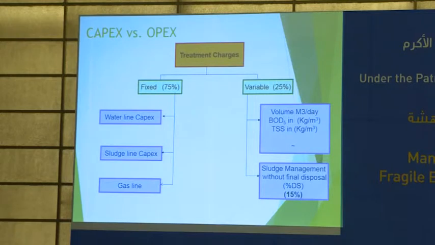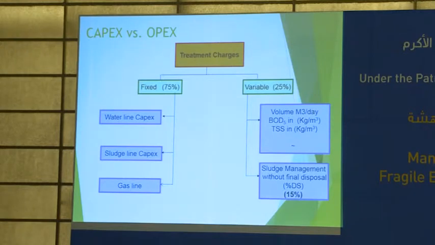Today, as I said before, AsSamra wastewater treatment plant is built on a BOT basis. So, the Water Authority of Jordan pays the contractors a monthly treatment charge, which comprises two main parts: fixed, to cover the capital cost of the construction of the plant, and variable, to cover the O&M cost of the process.